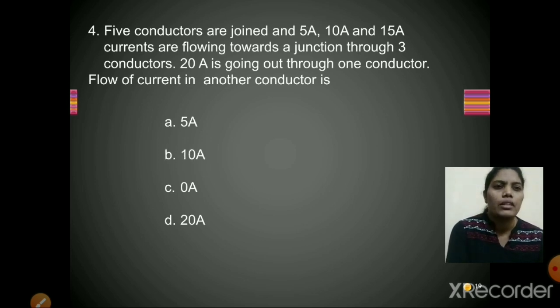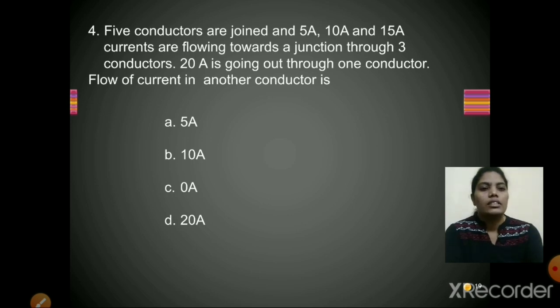It is 10 ampere. Let us see that. Towards, or 15 plus 10 plus 5, that is 30. So 30 equals 20 plus flow of current in another conductor. So 30 minus 20 is 10 ampere.